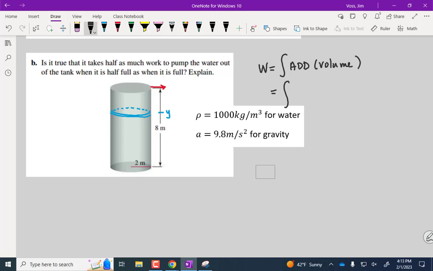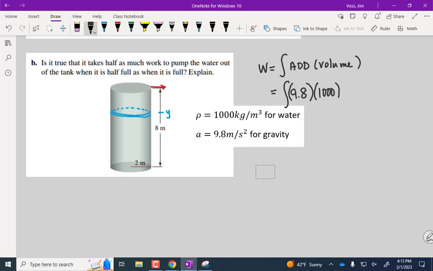In this case, distance makes a little more sense, or you could think of how far down in the tank it is. However you think about it, ADD: acceleration, density, distance. So acceleration, 9.8. Density, 1,000, because we're dealing with water, so that's given. Almost all of these are going to start out with 9.8 times 1,000.